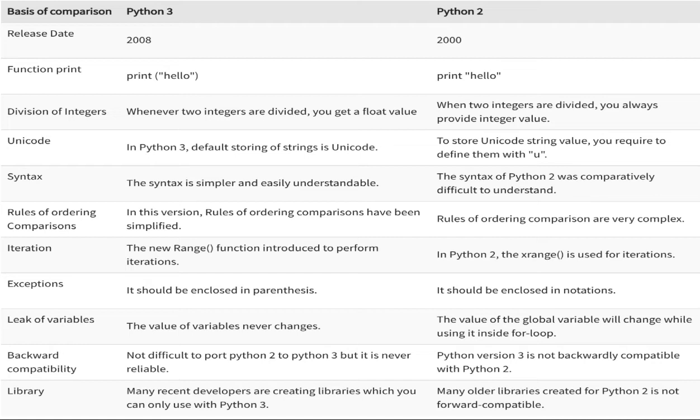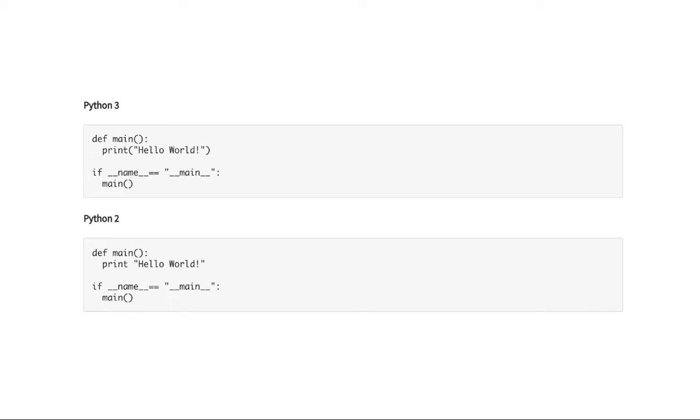So this is some overall basic comparison between the two languages. The code difference you can see in Python 3, the definition main and hello world, if you see this. And so this is the difference here in the code.